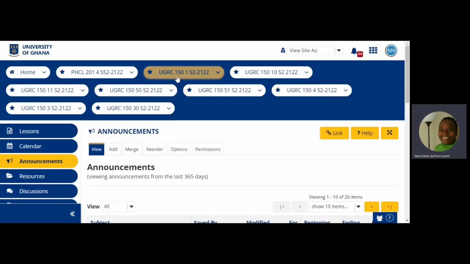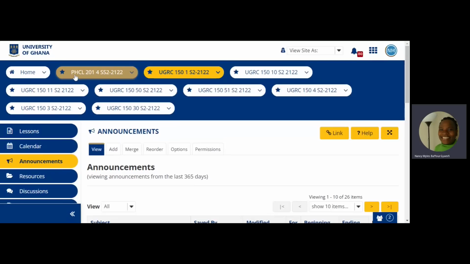course, the course site on Sakai is coded. You have to understand what the course site thing means. So if you were doing a regular Department of Philosophy and Classics level 200 course, for example, like I'm highlighting on my screen now, it is PHCL 201 for SS2 2122.